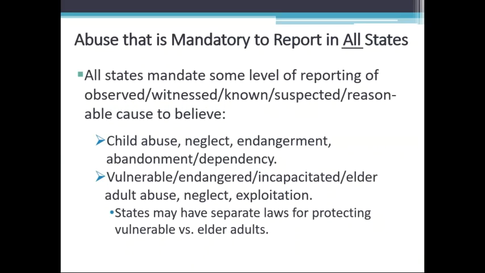You'll see elder abuse and vulnerable adult are lumped in together because a lot of the actions you're supposed to take and the types of abuse are very similar, if not identical, for a vulnerable adult who's over the age of 18 versus someone who's elderly. But some states do distinctly separate those as well. So just keep that in mind.